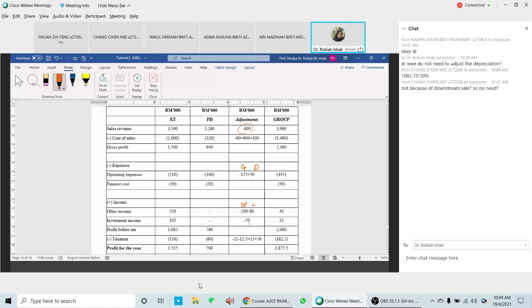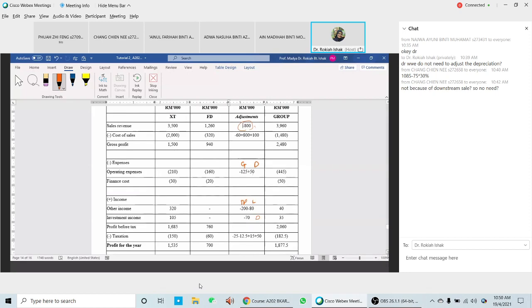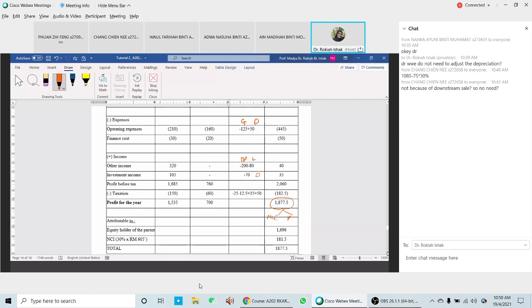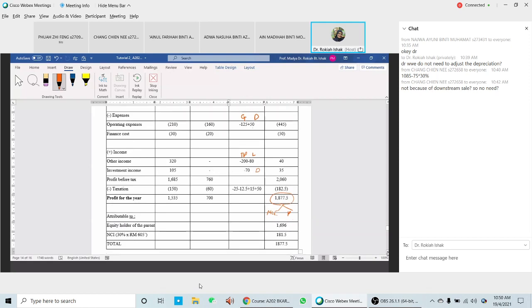So 70 for investment income here is dividends. So profit for the year will be 1877.5. Then going to allocate to NCI and parent. NCI here, based on the journal entry, is going to have 181.5. So to the parent we're going to have 1696. Okay, done with the income statement.